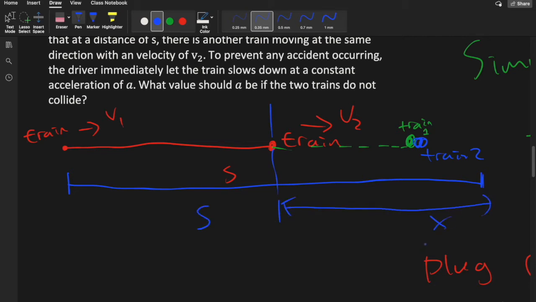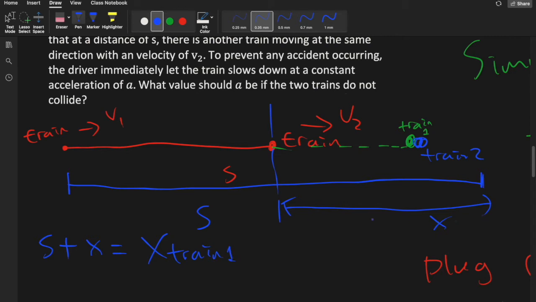So if we know x, we can list an equation here. If they collide, let's say here is x, so s plus x must be equal to the total distance traveled by train 1.